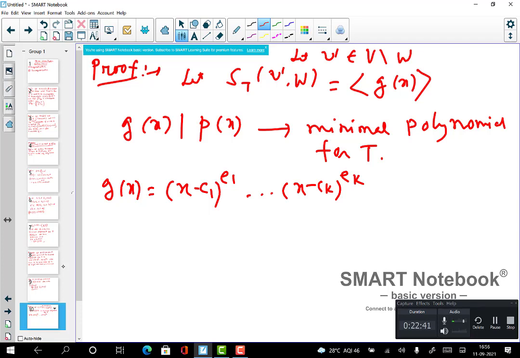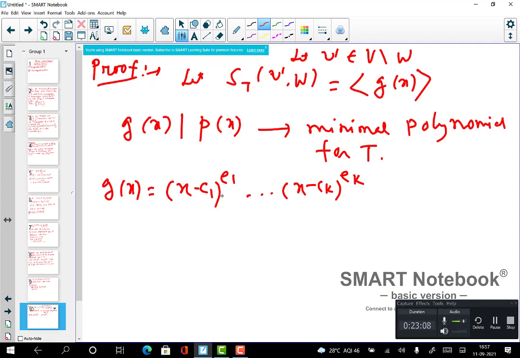Because g(x) is a T-conductor, g(x) is this minimal polynomial, and I chose this v dash outside W, so g(x) cannot be constant. If g is constant, then the constant can be an element of W, but that is a contradiction. So g has to be a non-trivial, non-constant polynomial.